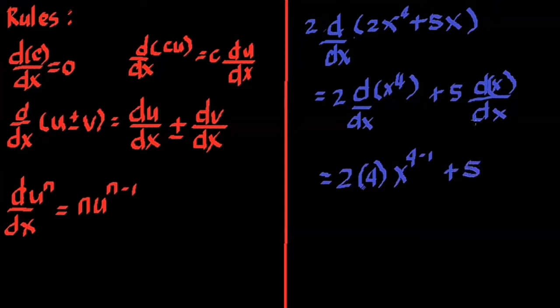And simplifying this, the derivative of x over dx would be equal to 1. So we have our final answer: 2 times 4, that would be 8, and x exponent 4 minus 1, that would be cubed, plus 5. So this would be our final answer.